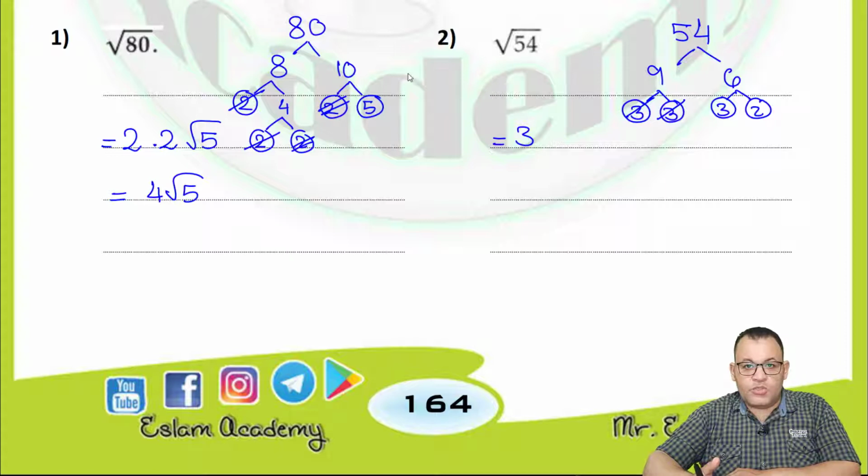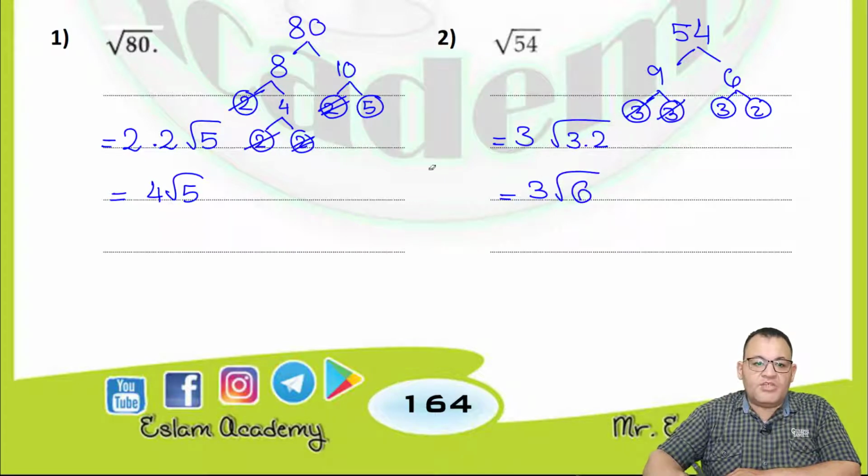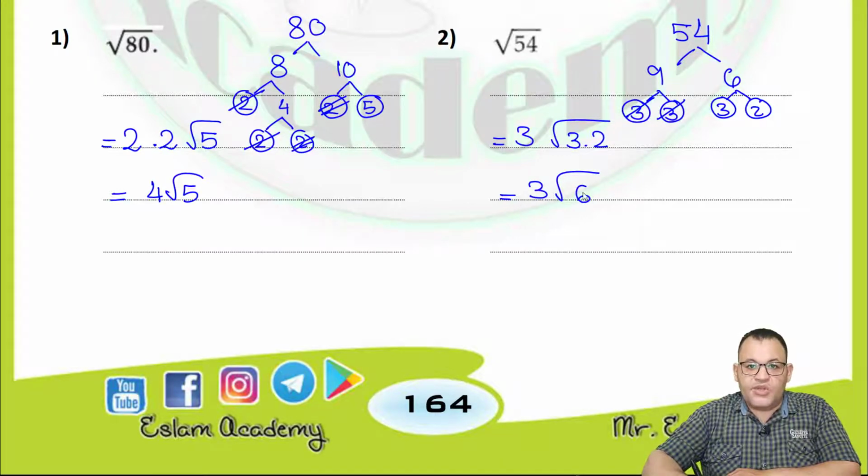If it's the fourth root, from each four similar numbers we take one outside. The single number, or the number which is not repeated, just write it inside the square root. So we have 3 multiplied by 2, and the answer now will be 3 multiplied by the square root of 6. As we multiply the numbers outside the square root, we multiply the numbers inside the square root. So the answer will be 3 root 6.